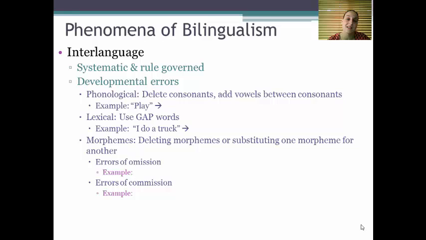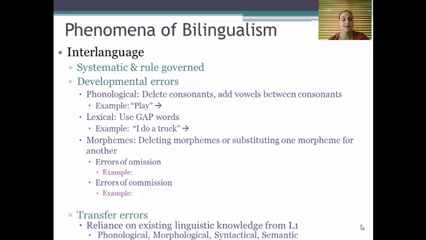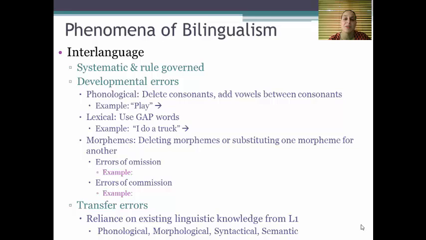It doesn't take that inflectional suffix. But if a child were to say, I runned away, because they're adding that ed suffix, that is an error of commission. And then you see other transfer errors, which is basically, again, relying on the grammar from the first language and trying to apply it to the second language to see if it works the same way.